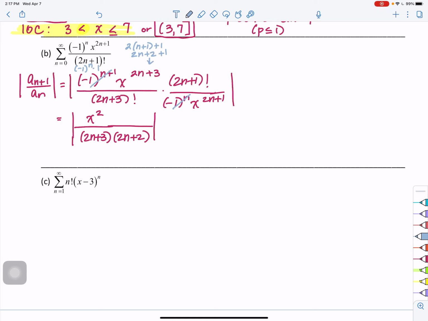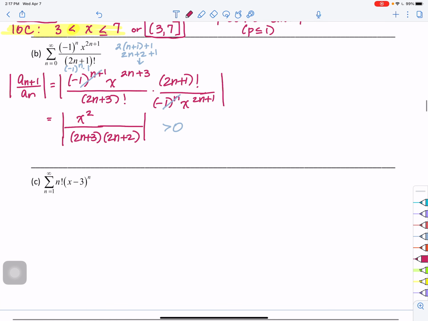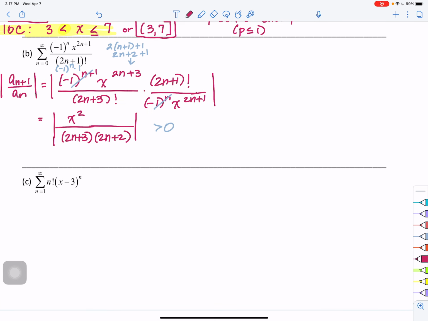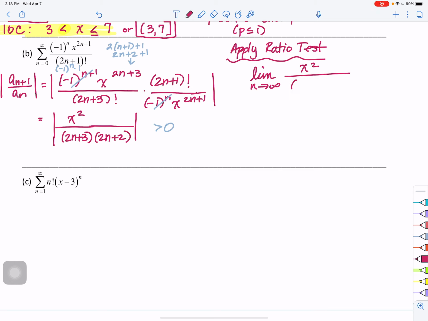Now, if you note, this is always positive already, so now we can drop the absolute values when we go to take the limit. Okay? So we're going to apply the ratio test. And we're going to take the limit as n approaches infinity of x squared over 2n plus 3 times 2n plus 2. Now, that is actually equal to 0.